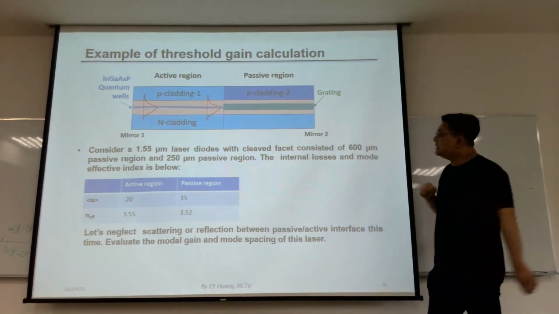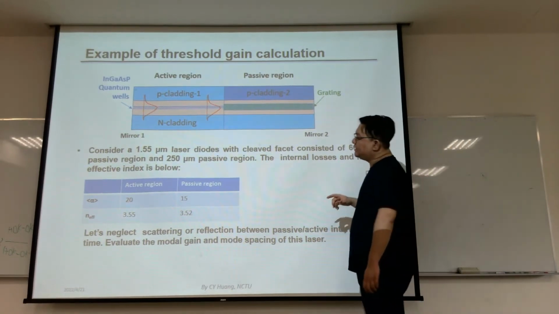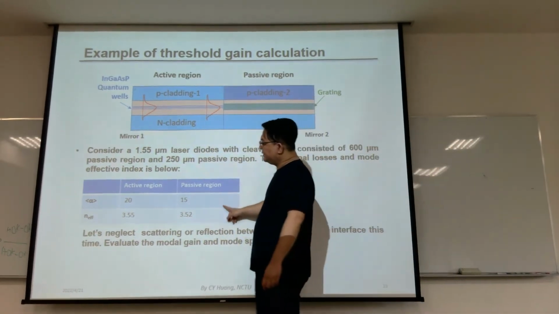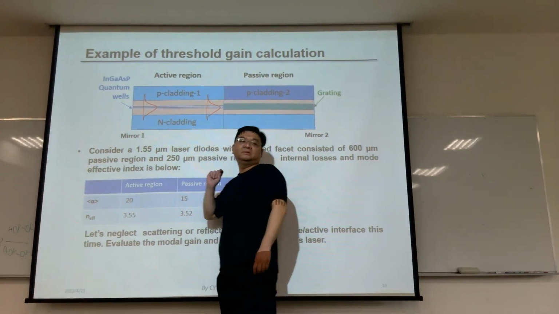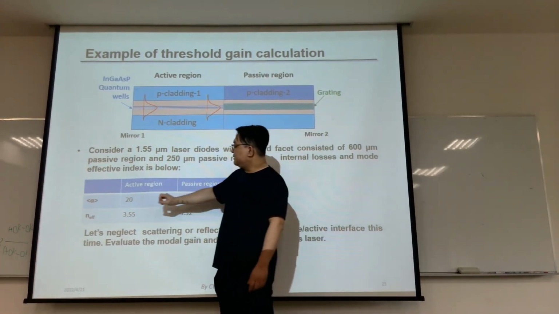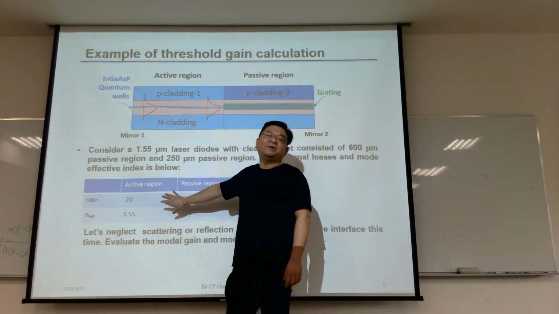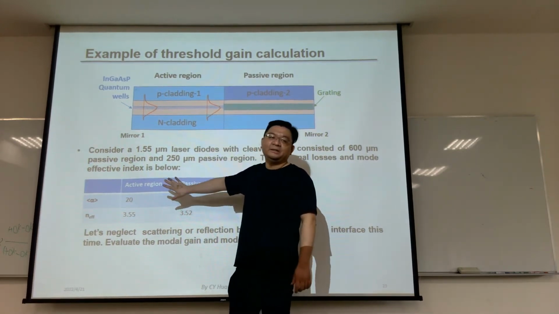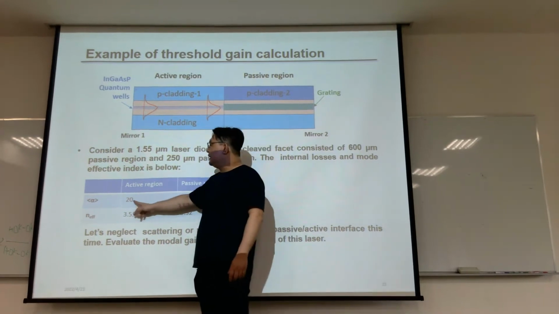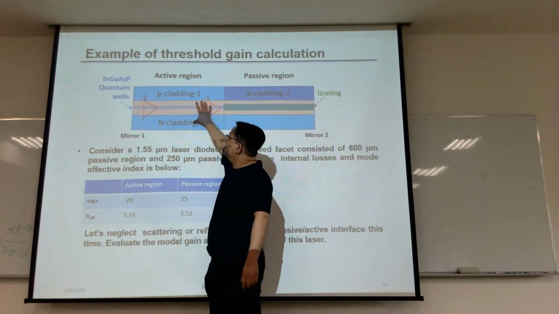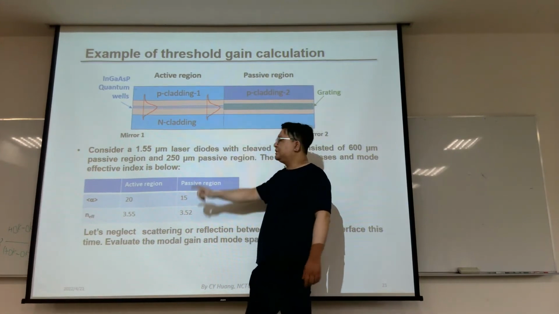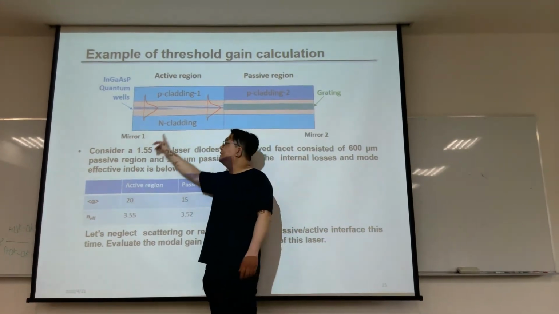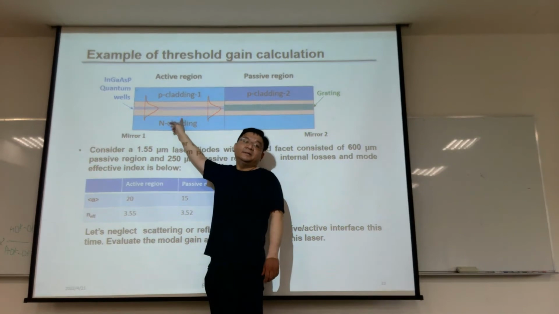Okay. Then the internal loss and the effective index are here. The active region also has a higher loss. Surely this is just a number I give, but I'll explain why this usually happens this way. The active region is the part with current injection, so the carrier density of the cladding layer is usually higher.